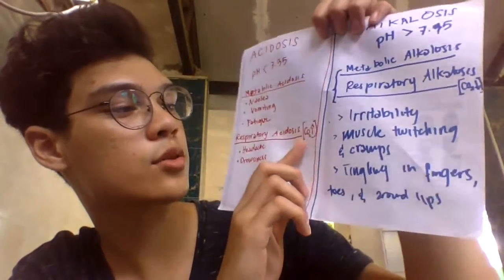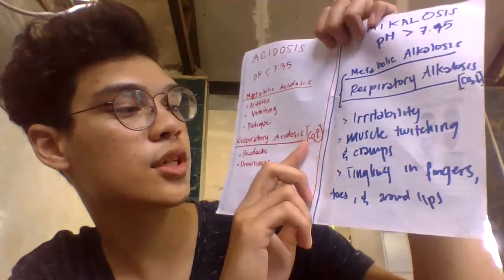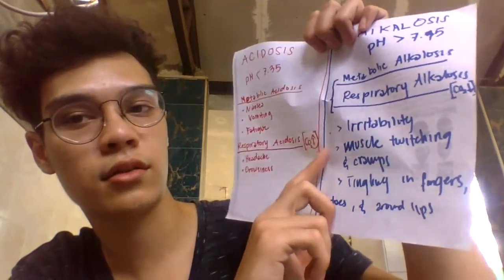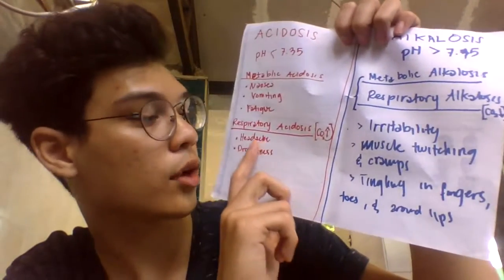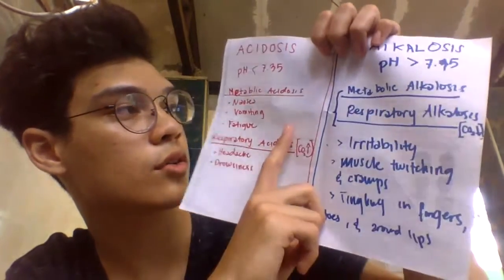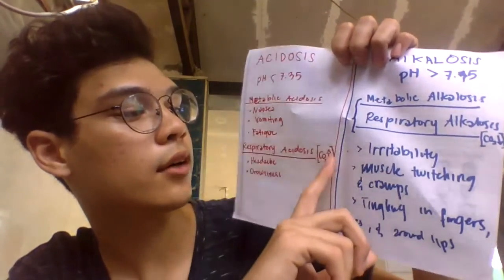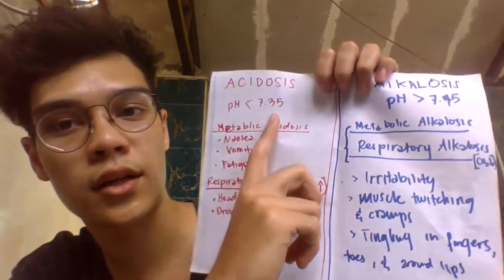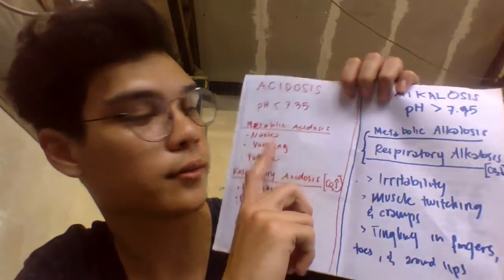Respiratory acidosis is when too much CO2 is within the body. There is a saturated amount of CO2, and this causes headache and drowsiness. Both these factors result in a lower pH of the body.